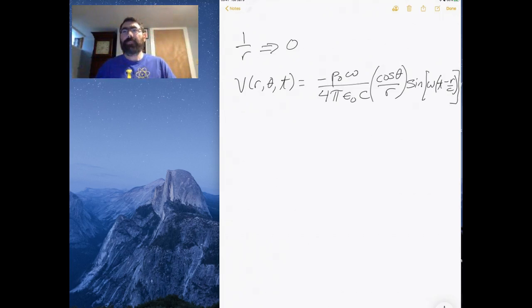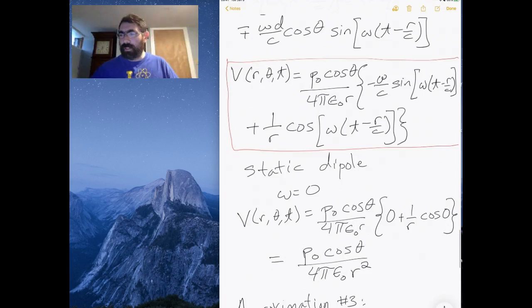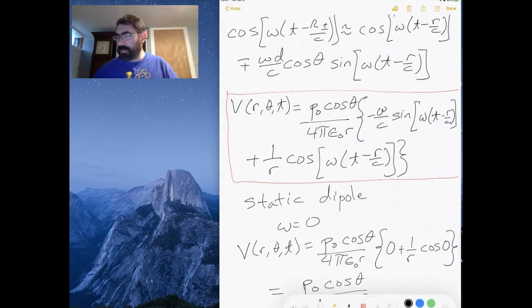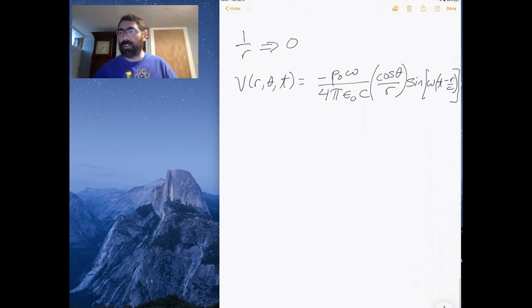this. So, by making this approximation that we're very far away, that means that this term here goes to 0, which means this whole cosine term falls out, and what we're left with is just the sine. All we're left with is the sine term. Okay, so that cleans it up a little further.